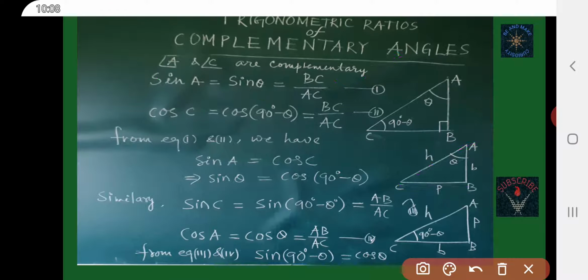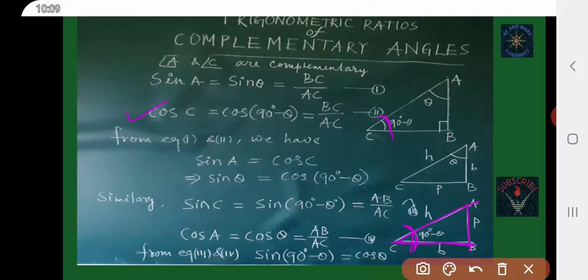Now you find cos C. In this triangle, for this angle C, perpendicular is AB, base is BC and H is the hypotenuse.